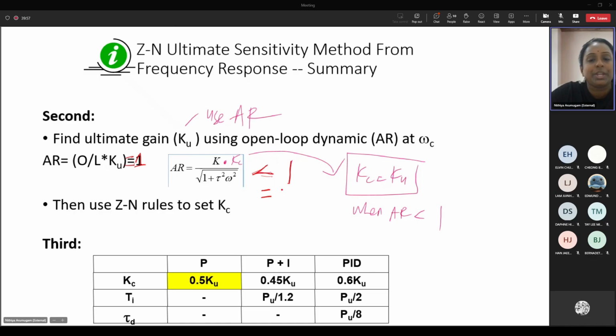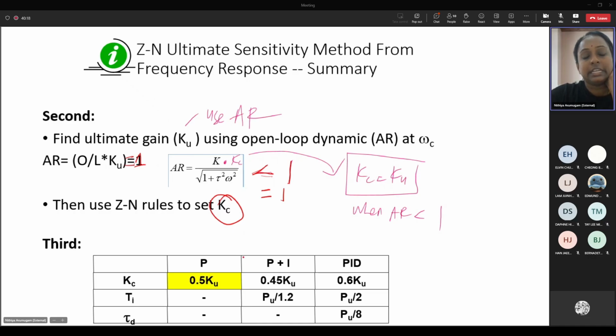So when I equate it to 1, that means it is already at the maximum value. From there, I can conclude what my ultimate gain is. Again, we can use the rules to set the controller gain.